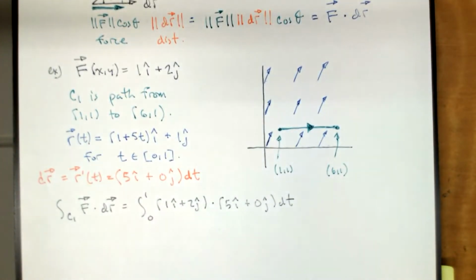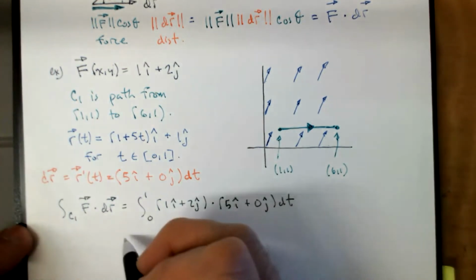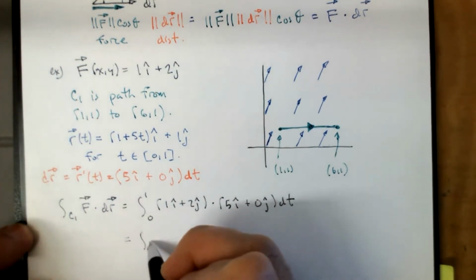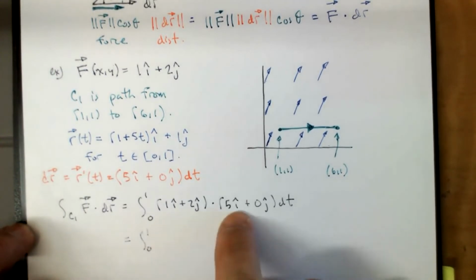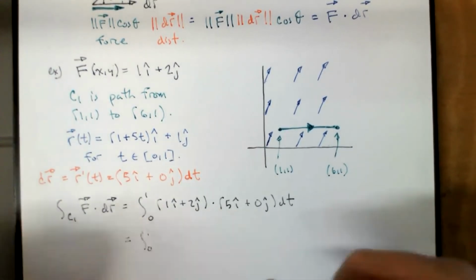Work is equal to force dot distance, because I need to know how much of the force is in the direction of the distance. In the dot product, we just get 5 plus 0.